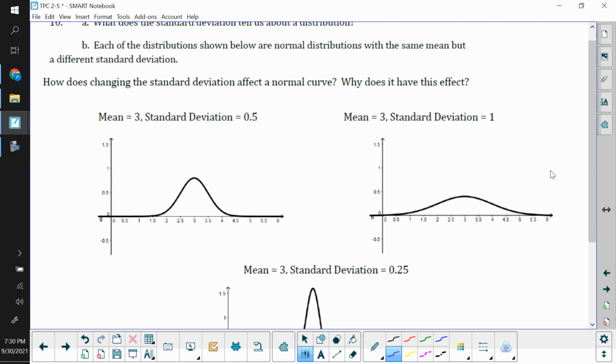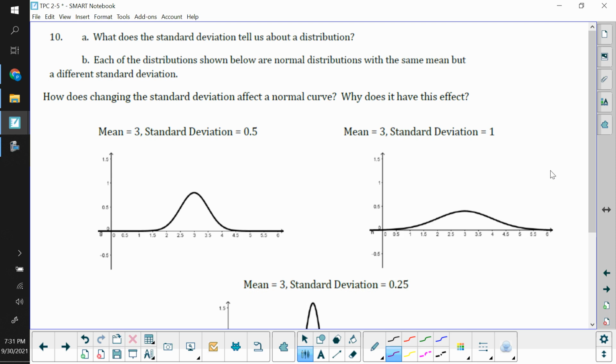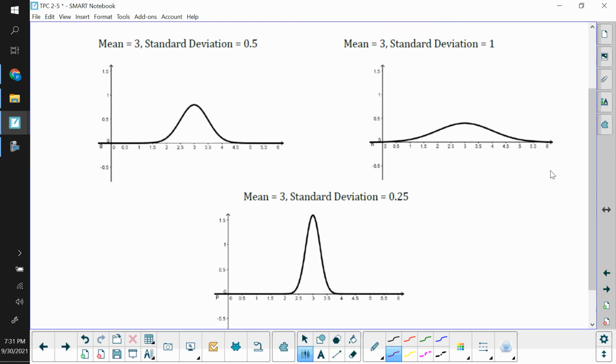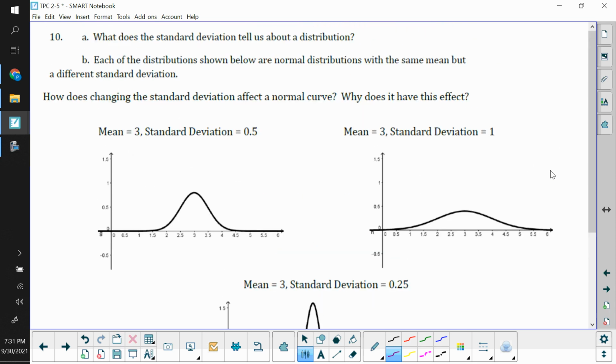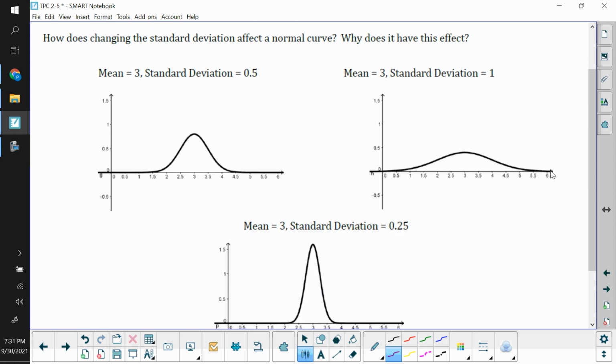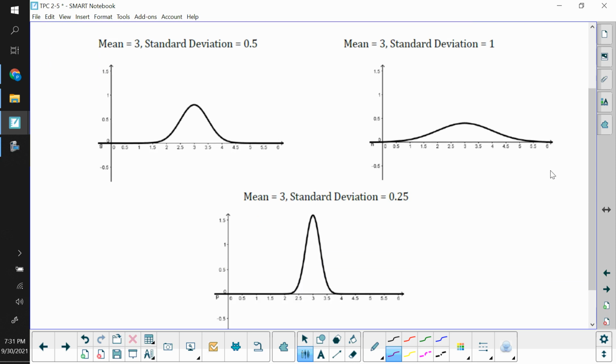So moving on to 10, we've got 3 examples of distributions here. They're not necessarily normal, but we're highlighting how the standard deviation makes things look different. All 3 of these have the same mean, so notice the mound is at 3 for all of them.